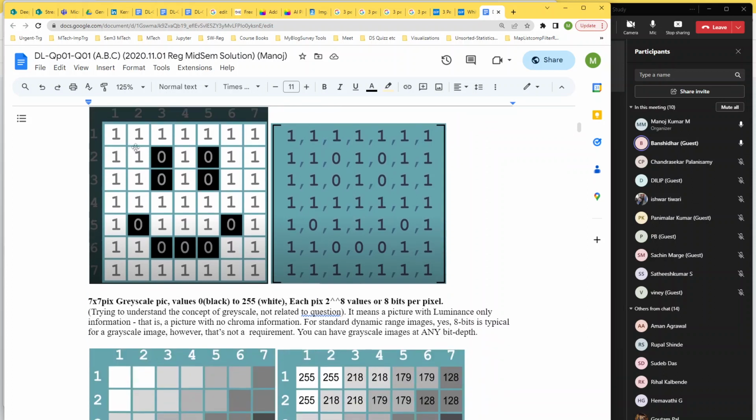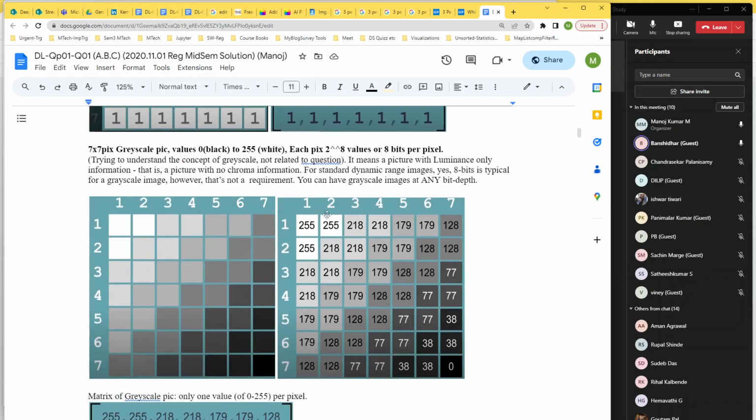So here we have this 7 by 7 pixels. You know this is only represented by 1 and 0, right? You got this matrix? Here 1 is representing white and 0 is representing black. So if you take these values and put commas here and put them in brackets, it becomes the matrix, 7 by 7. This is simple, right?